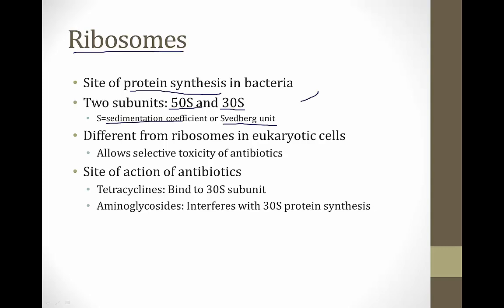And the important thing is that these 50S and 30S subunits are different in size from the ribosomes in eukaryotic cells, and this allows us to target them with antibiotics and selectively cause toxicity of the bacteria without causing harm to the ribosomes in our own cells. And the ribosomes are the site of action of a couple of classes of antibiotics. Tetracyclines bind to the 30S unit, and aminoglycosides interfere with the 30S unit's protein synthesis, and I talk in a lot more detail about all of this in the modules on antibiotics.